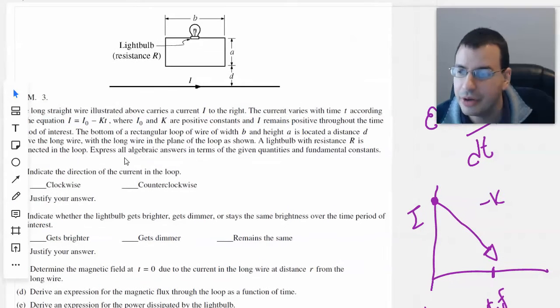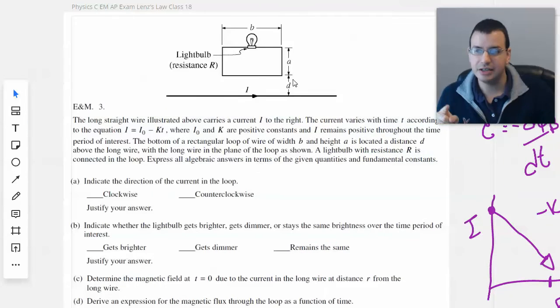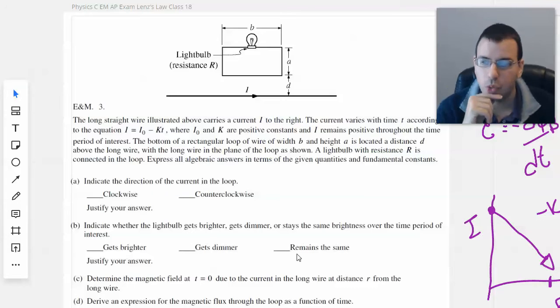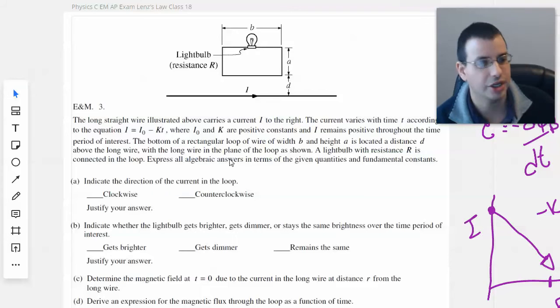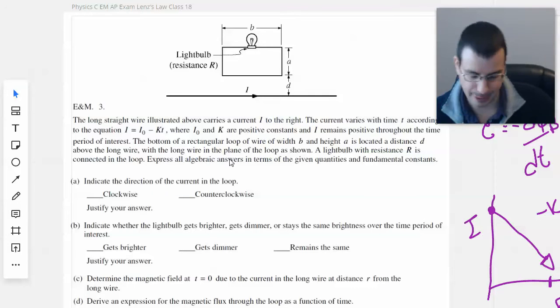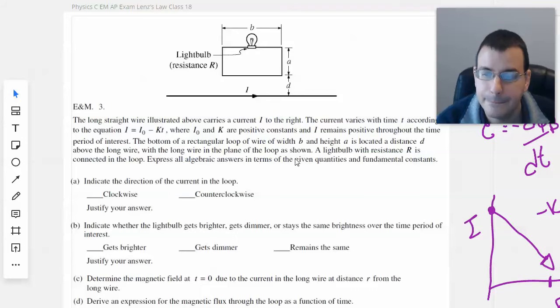Positive at the time. The bottom of the rectangular loop of wire has width b, okay? And height a, okay? It is located a distance d above the wire, with the long wire in the plane of the loop as shown. And they say long wire, so we can assume that the magnetic fields are circular around the wire.